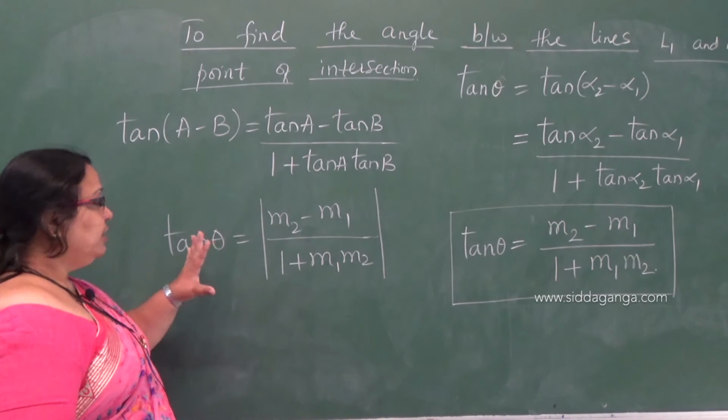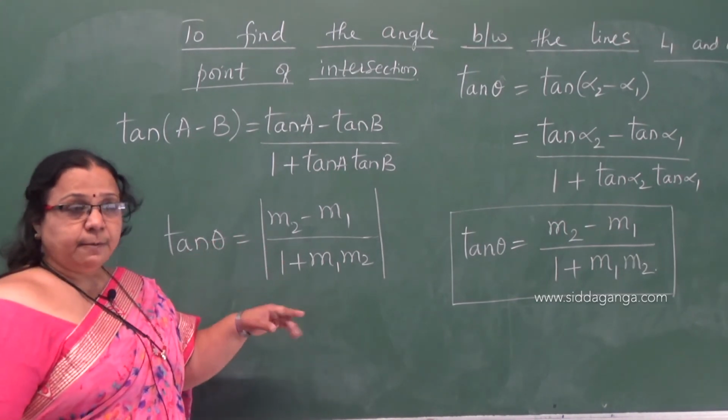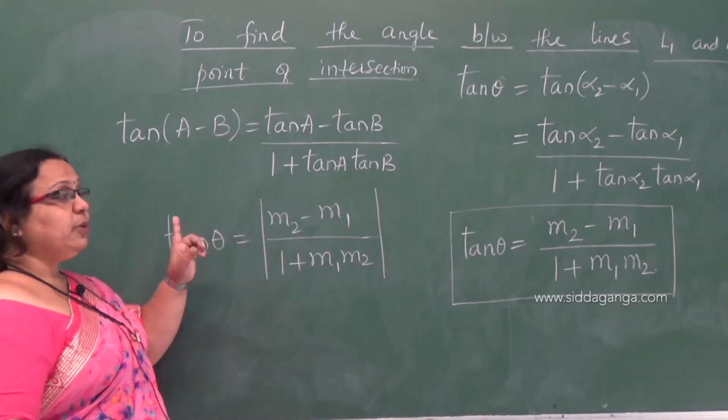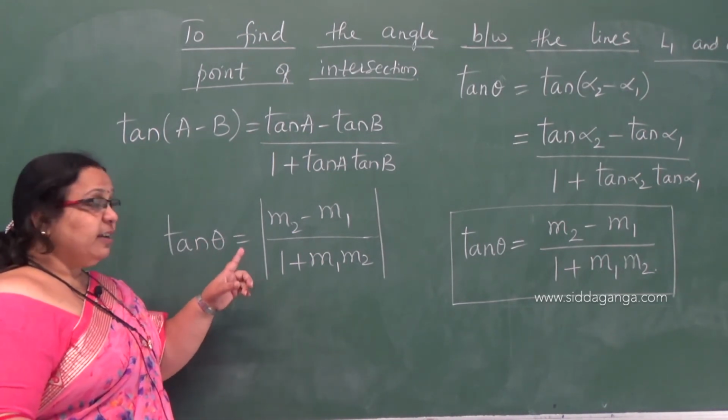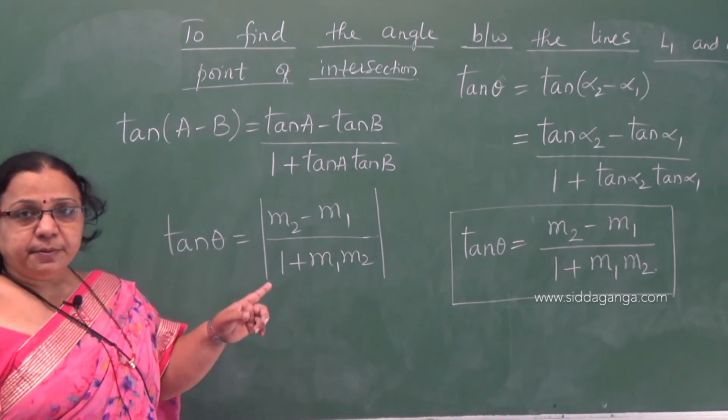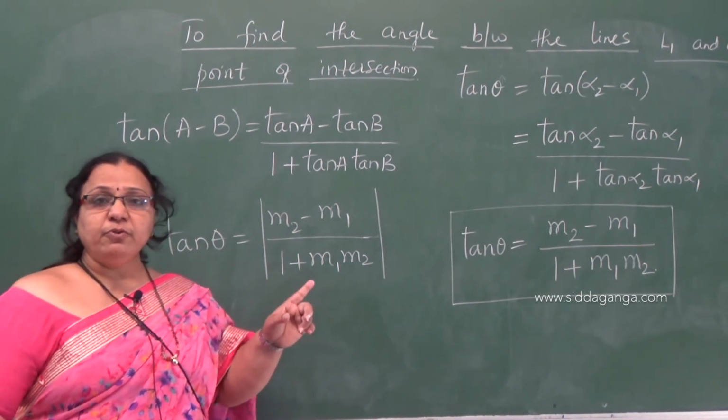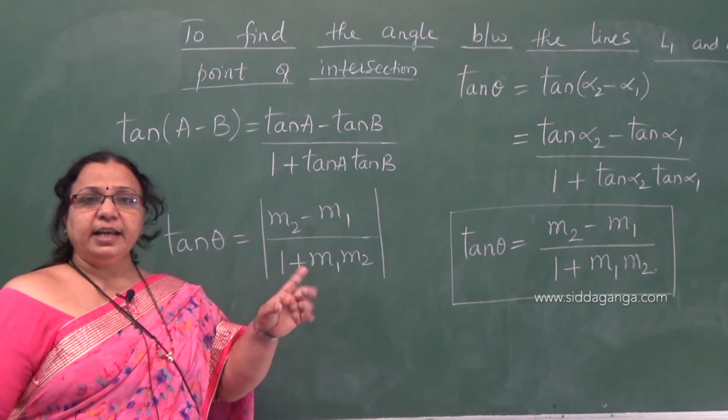So now this result gives the acute angle between the two lines, where m1 and m2 represent the slopes of the given two lines.